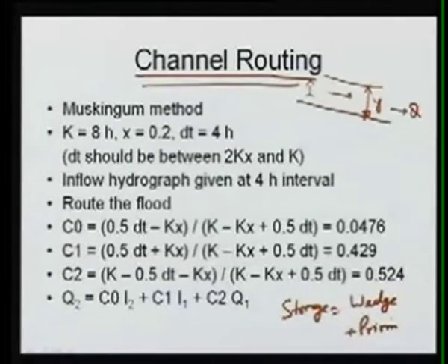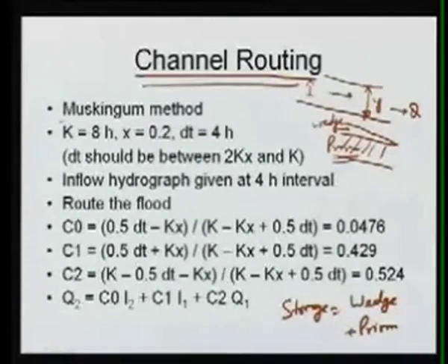So if we have this change in water level like this, then we have a prism storage and a wedge storage. And we will be discussing the Muskingum method of routing.